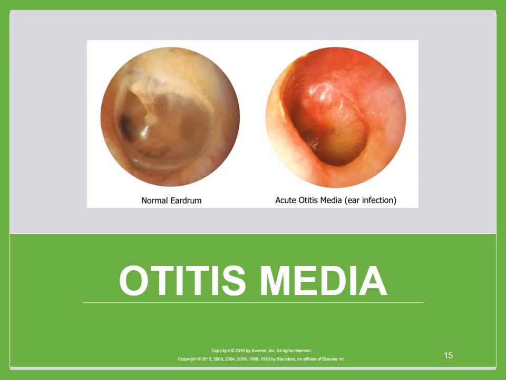In otitis media, there is redness. It's bright red. It's injected. You can see that it's swollen. It's kind of bulging. And over here you have that cone of light, and over here you don't have that cone of light. So it's missing. It's absent. There's no light reflex.